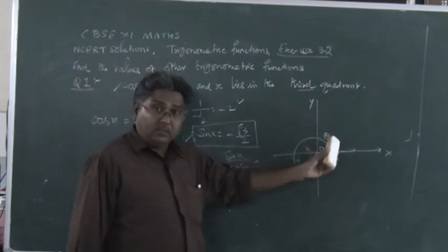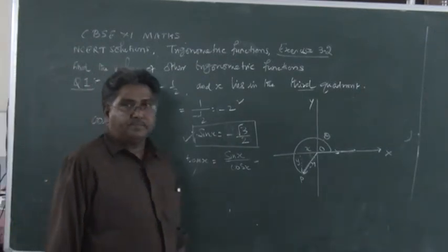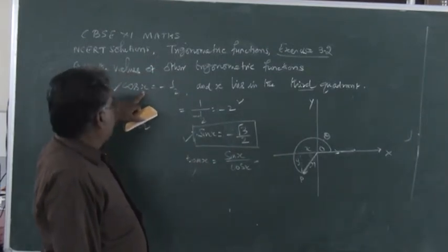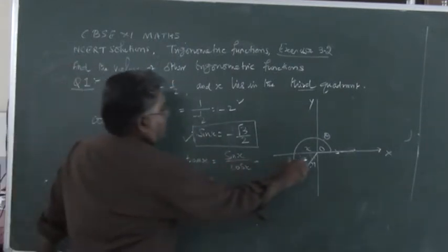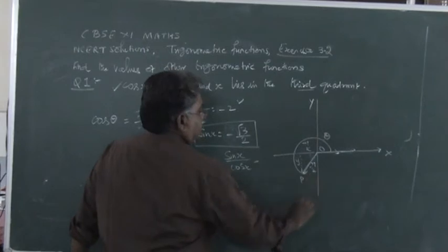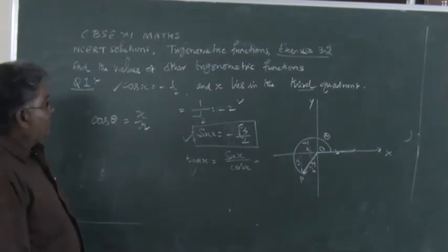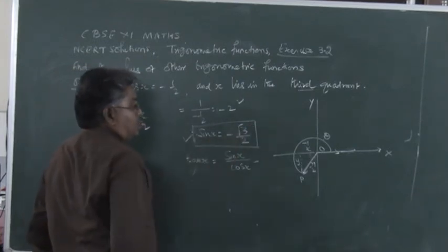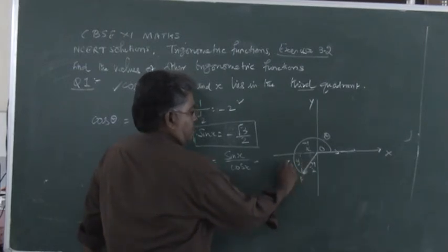So cos theta will be x by r. Cos theta is minus half. So this can be minus 1, this can be 2. And also we got sin theta to be minus root 3 by 2. Then this should be root 3. Because it is here, it is minus root 3.